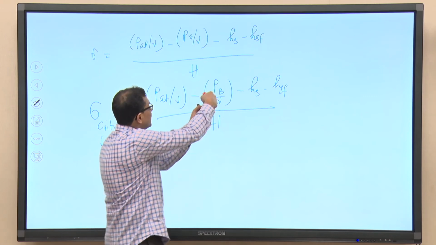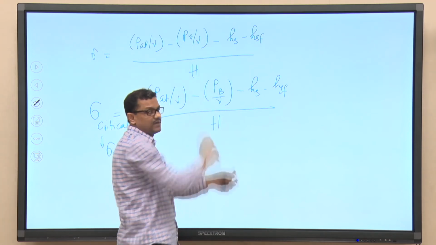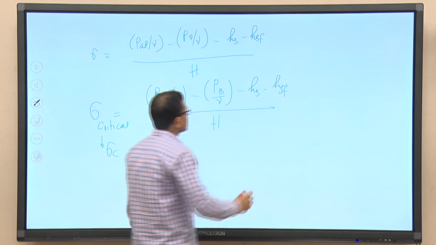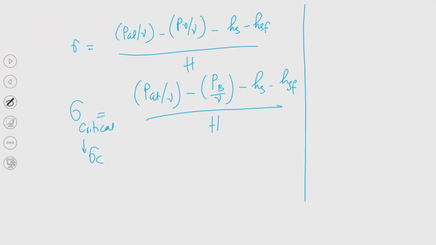Now, if P_B is greater than P_v, then what will happen? I will discuss now. When P_B is greater than P_v, that means sigma is greater than sigma_C, which we can see from this expression.